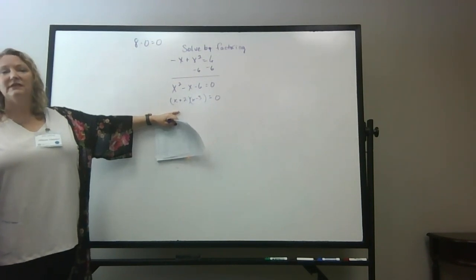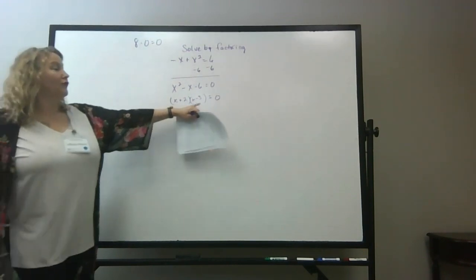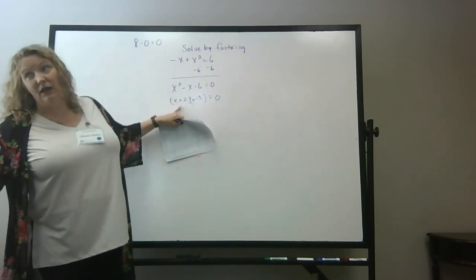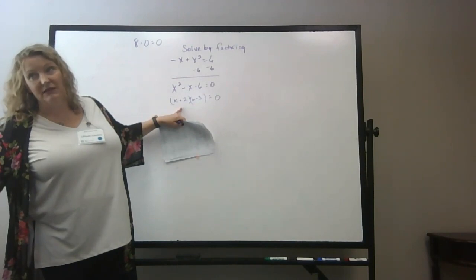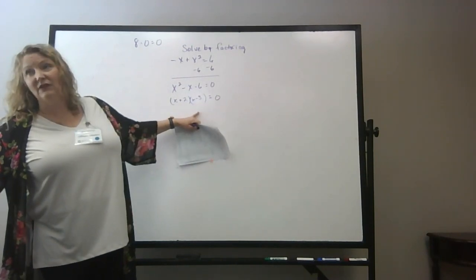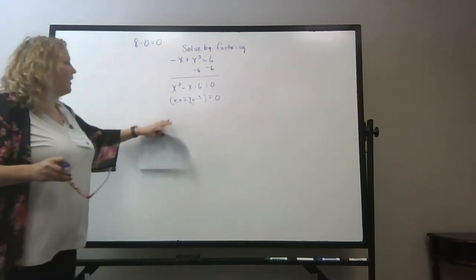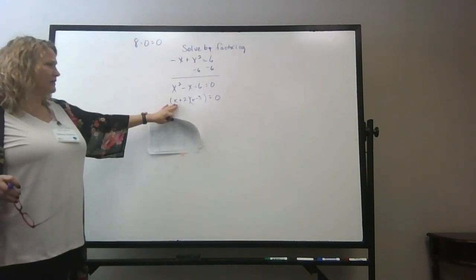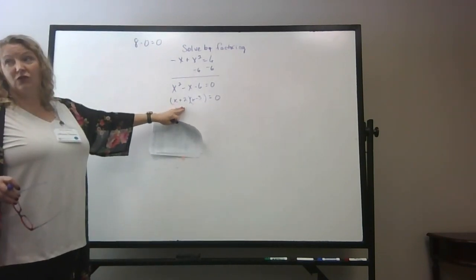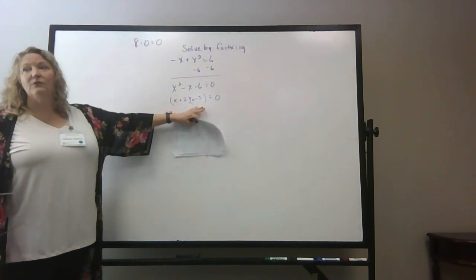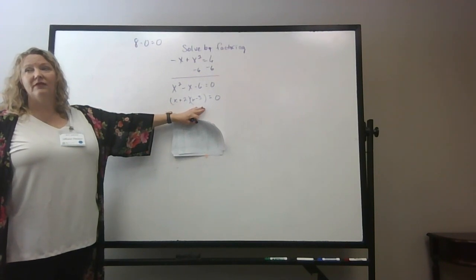Remember that we said, in order for this to equal 0, either the value of the first factor has to be 0, or the value of the second factor has to be 0, right? So I need to find what's the value of x that would make this first term 0, and what's the value of x that would make this second term 0. You guys following me? Okay.